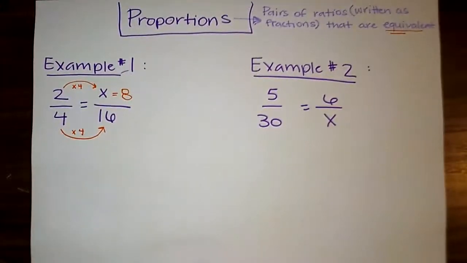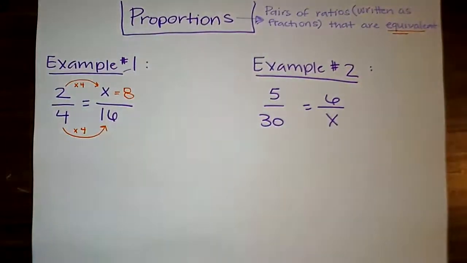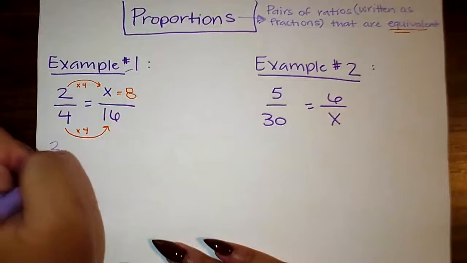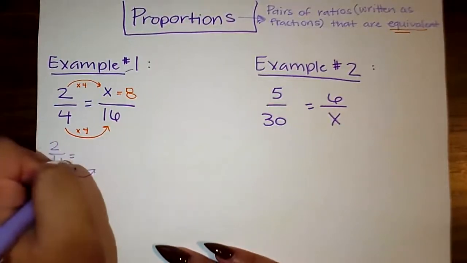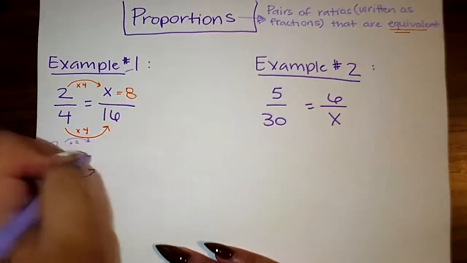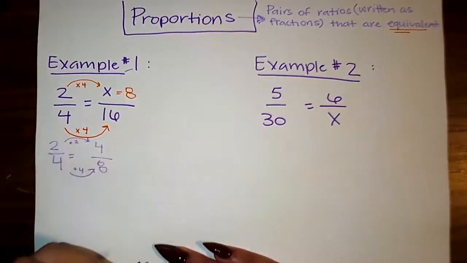And how can I prove that? Well, there are two ways. I know that I can use repetitive addition, or I can cross multiply and divide. So this is saying I'm adding 2 and 4 to the top and the bottom 4 times. So if I have 2 over 4, I'm going to add 4, add 2. Well, that tells me I have 4 over 8.